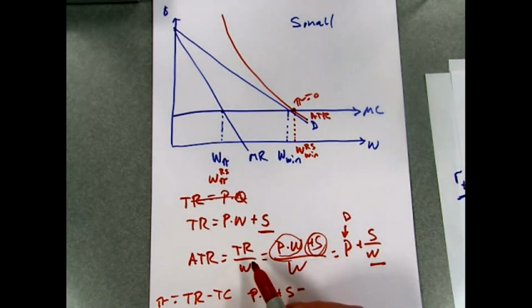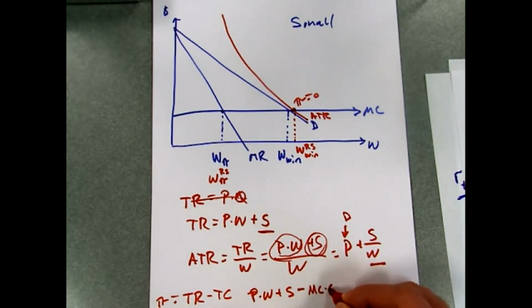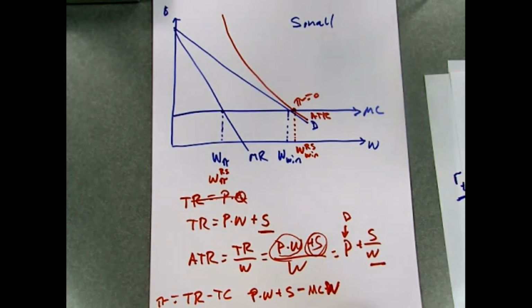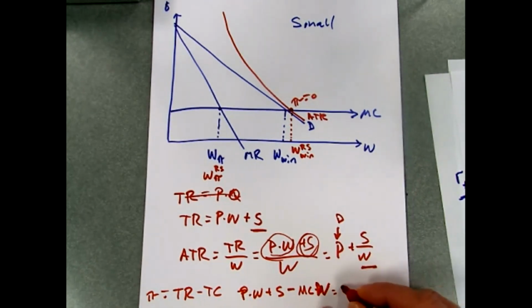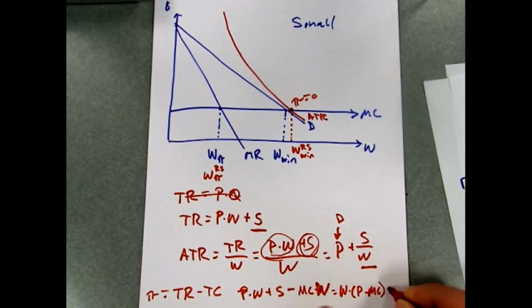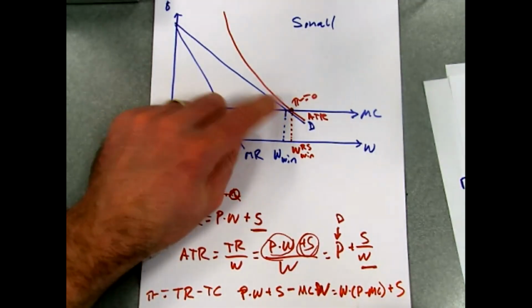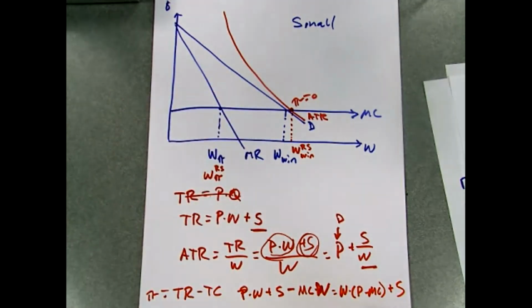My total costs are, well, I've got a constant marginal cost, so it's the marginal cost times the number of wins. Sorry, this is supposed to be a W. And I could rearrange this a little bit so that I've got plus S, right?